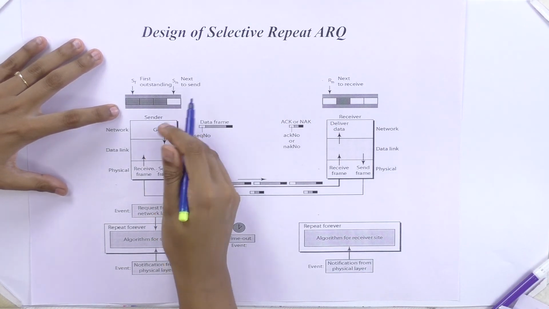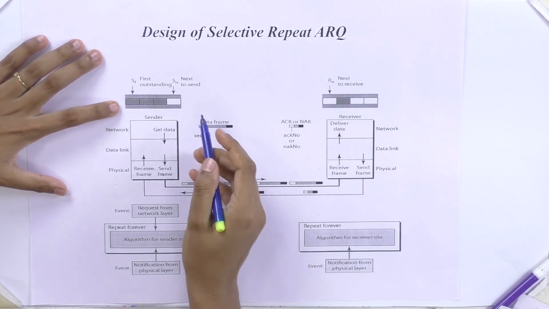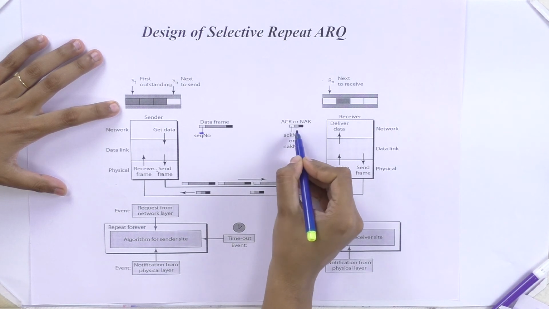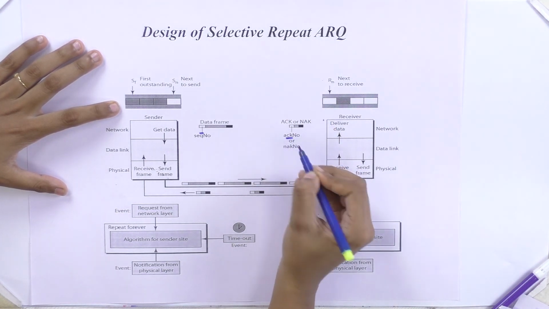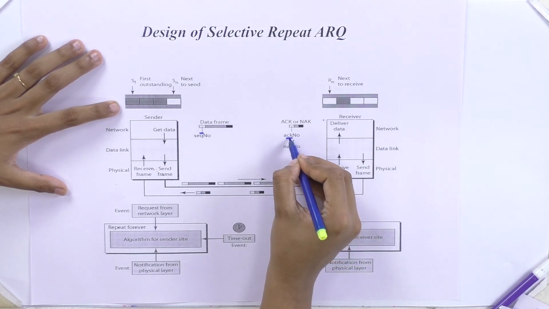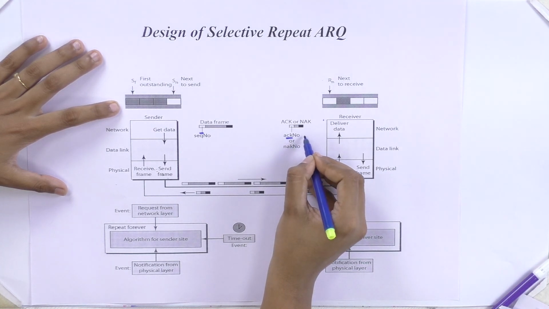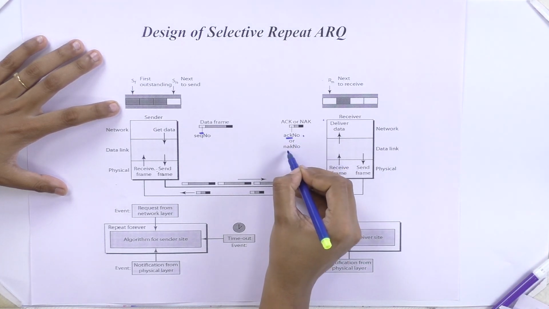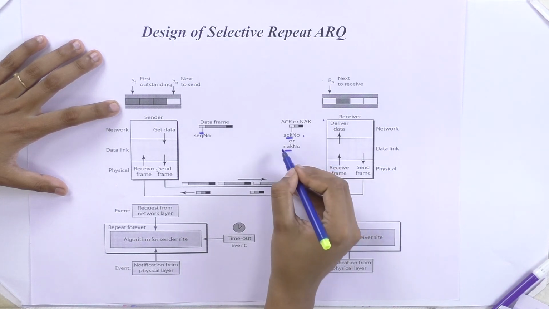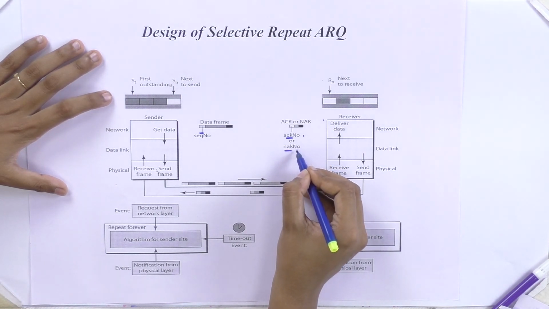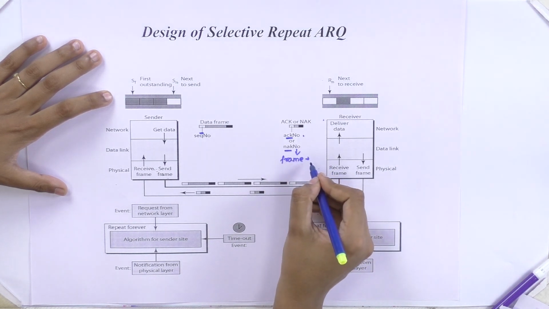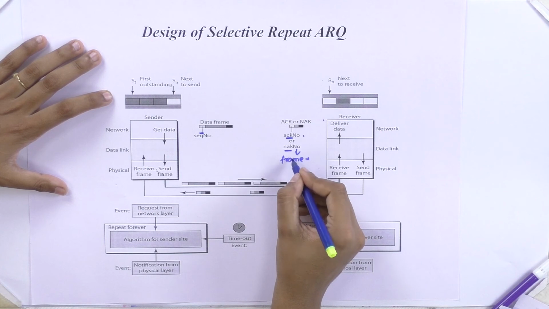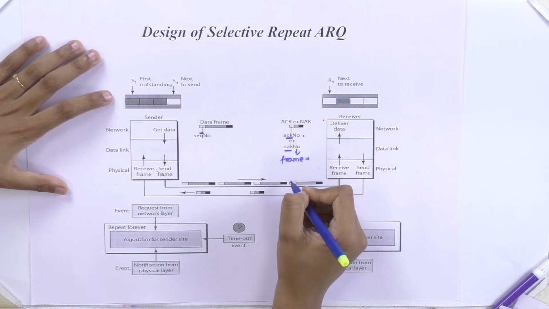So you could see the same process. Everything is the same. So here I have a sequence number. Here on the receiver side, he acknowledges properly with the acknowledgement number for the correctly arrived frame, or he sends the negative acknowledgement, NAK number, which means the negative acknowledgement for the particular frame which has not been received in order, I mean in the sequence order.